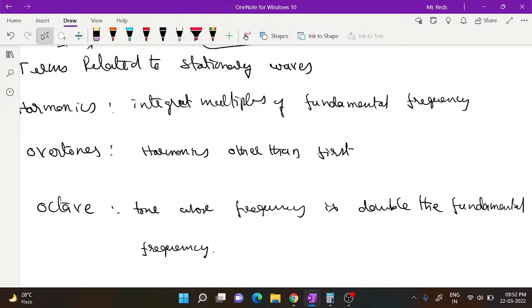A constant force means constant acceleration, so the velocity goes on increasing at a constant rate: 2, 4, 6, like that.